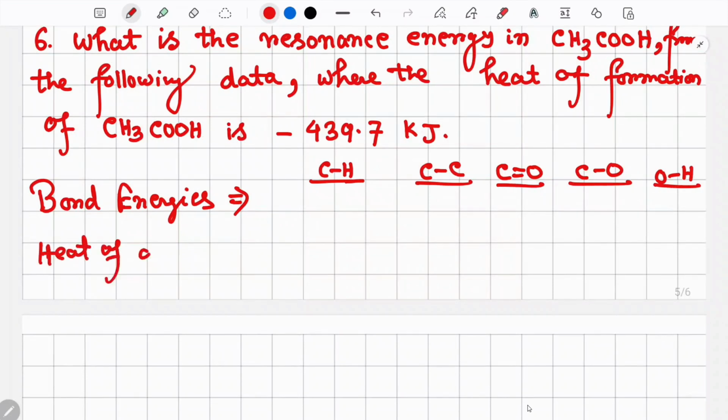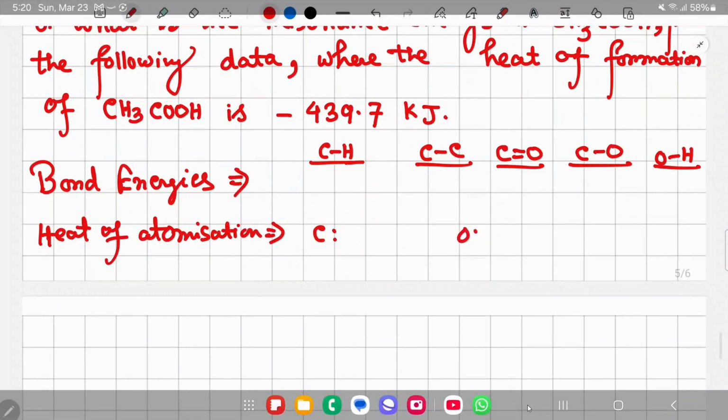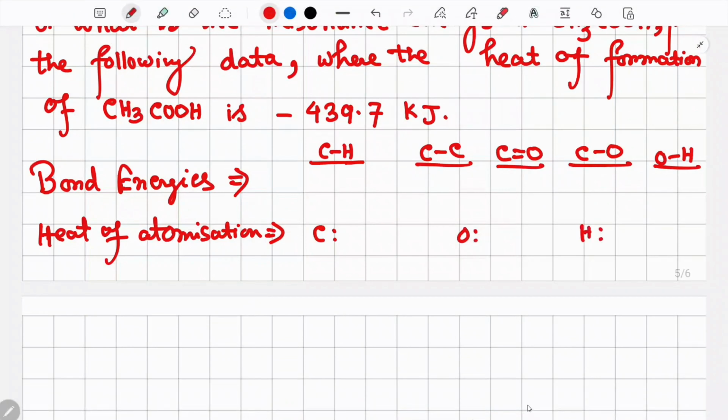The same type of question for carbon, oxygen, and hydrogen. What are the values?